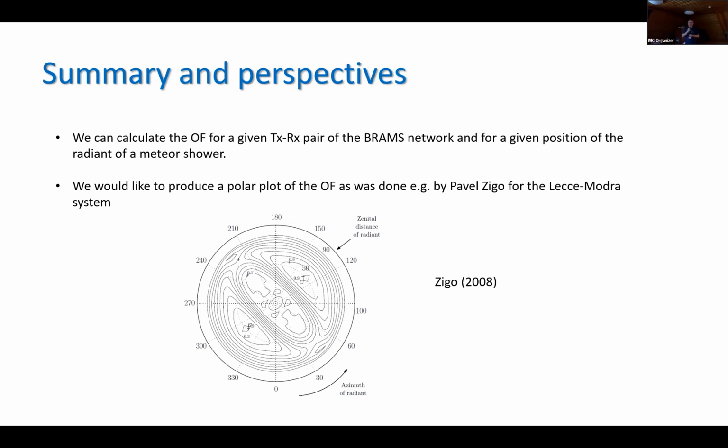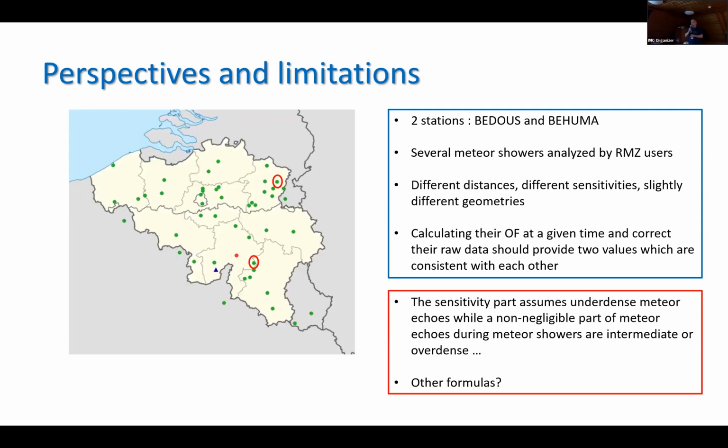Unfortunately, the curve I got from the student was not very clear, so I don't show it here, but to give you an example, this is what Pavel Zigo did in 2008 for the Lecce modular system. This is the value of the observability function as a function of the zenithal distance and azimuth of the radiant, and it's normalized in this case. So we would like to do something similar.